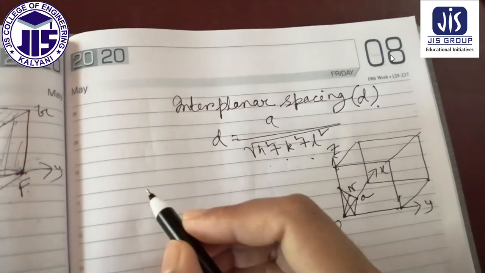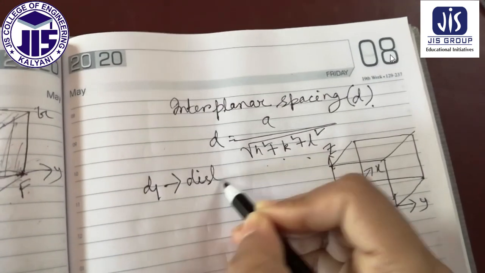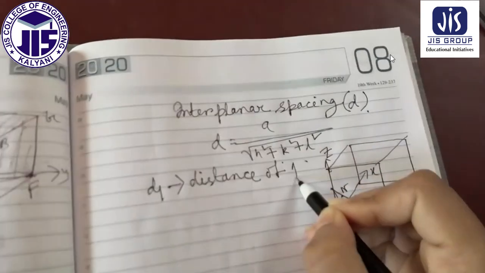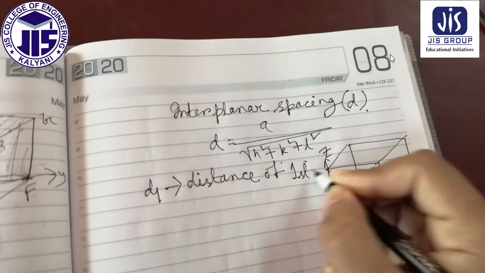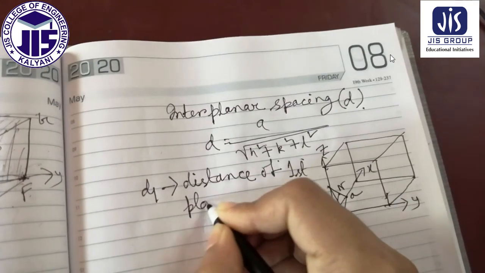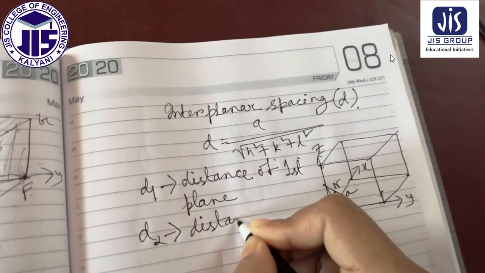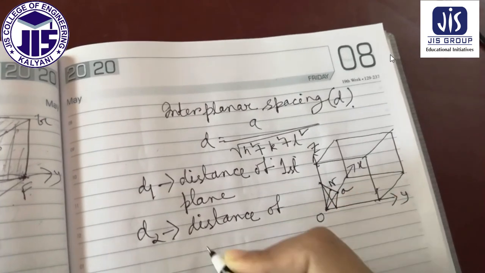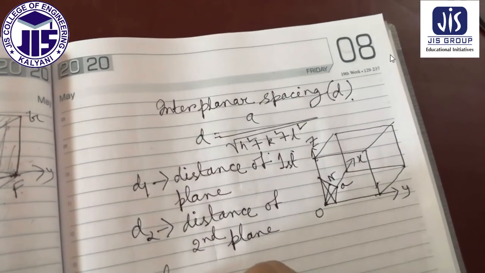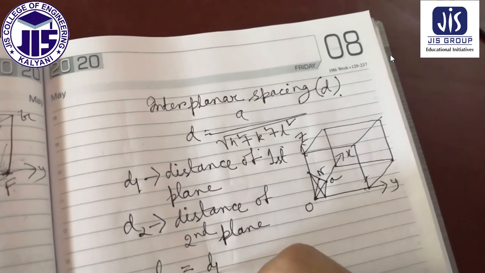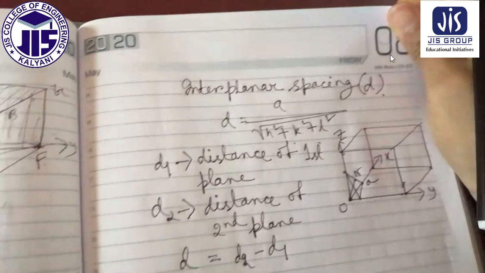That means if we consider d1 as the distance of the first plane and d2 as the distance of the second plane, then the interplanar spacing d will be d2 minus d1.